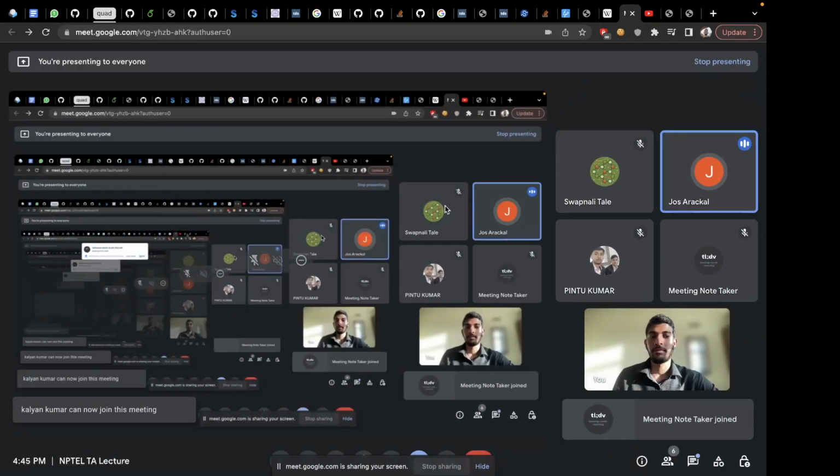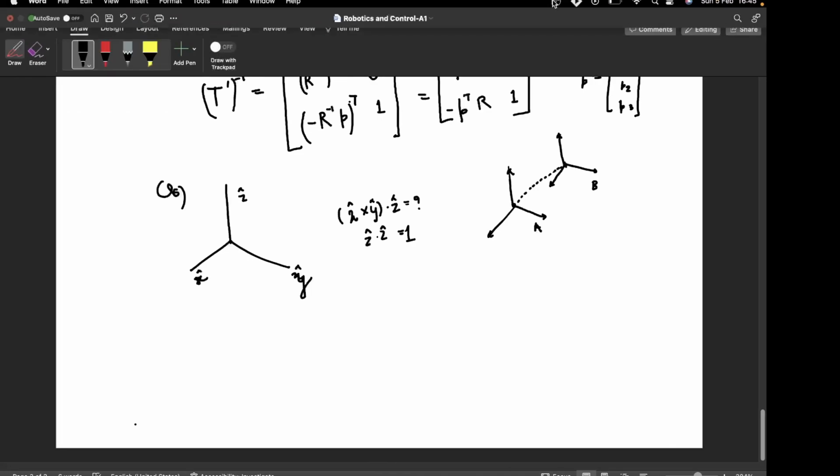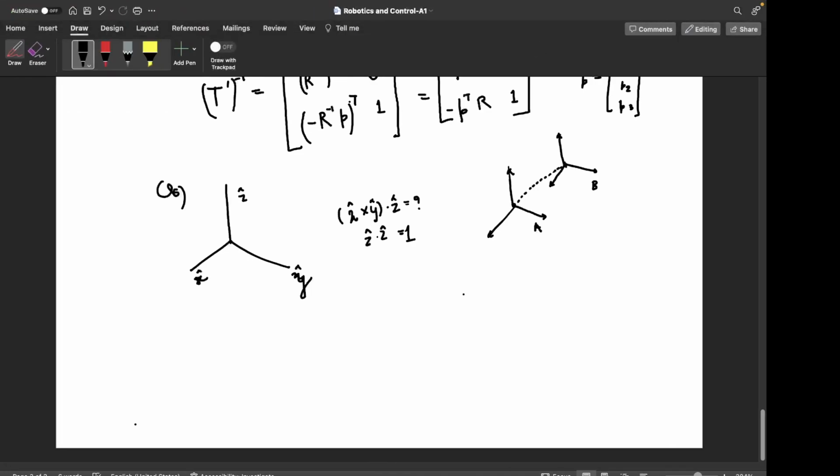Can I ask one more doubt? Yeah, sure, go ahead. When we find out alpha as the angle between zk and zk minus 1, when is it positive and negative? It's a bit confusing. When do we take Pi by 4 positive and negative?